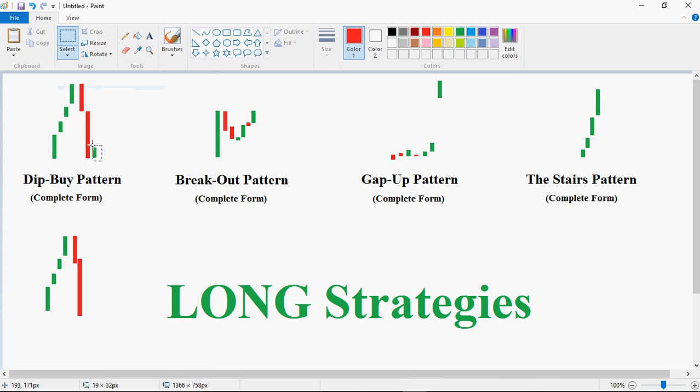When I see this, I enter. Say all of a sudden that green bar pops up there like that, right? I'd enter right here, because let me explain how it plays out.